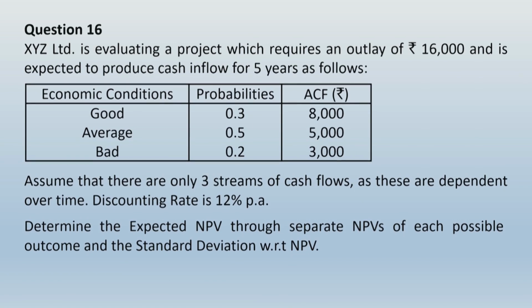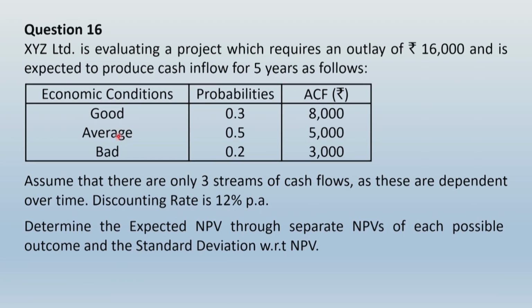If you can observe, the question gives you 3 different economic conditions with their respective probabilities and annual cash flow estimates. Assume that there are only 3 streams of cash flows as these are dependent over time. Now, this line clarifies one thing, that in case the economic condition turns to be good, it will remain good for all 5 years.